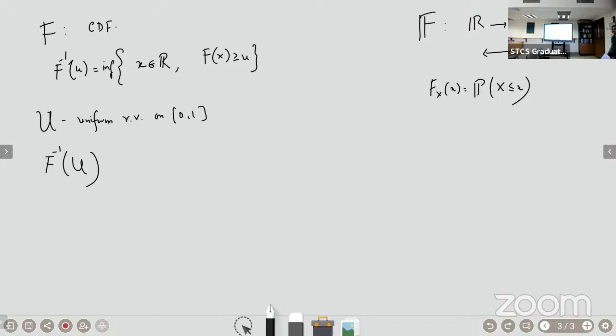It is simplest F, whatever you think of. What would F inverse of U look like? It's difficult to visualize.